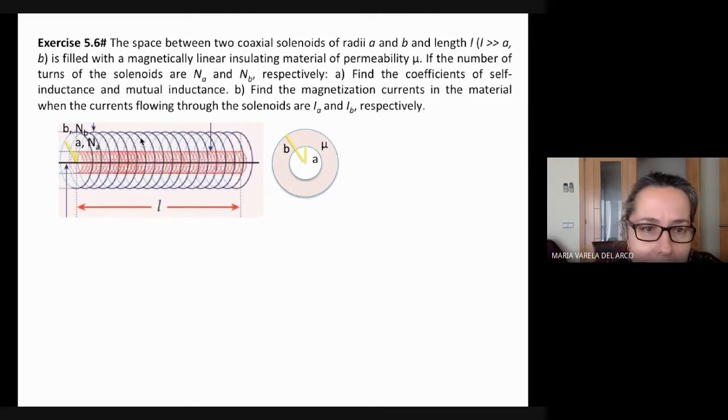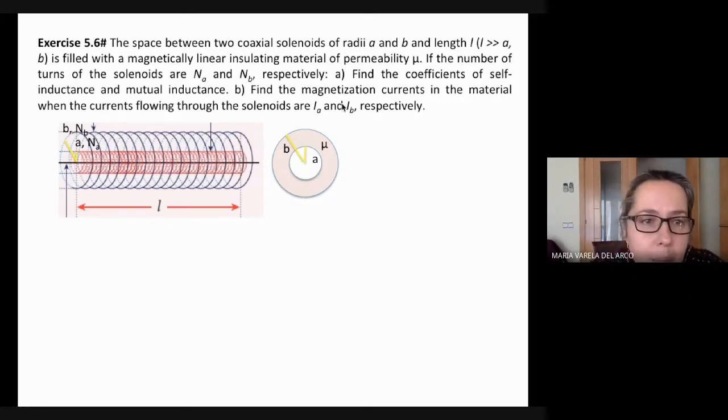In other words, the system looks like this, but if we actually look at the cross section, so just rotate it 90 degrees, this is how it looks like. The inner solenoid of radius A is empty, and the outer solenoid is filled with a material mu that fills the space between A and B. All right.